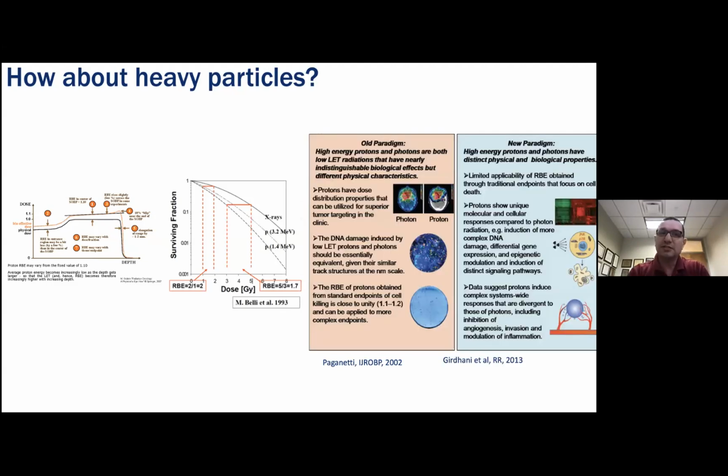More interestingly, it's not only related to the physical phenomena associated with LET, but a more recent investigation showed that heavy particle response, depending on the density of the tracks, may result in variation in gene expression and signaling pathways that differ from just the physical phenomena associated with the representation of particles, including proton and carbon.